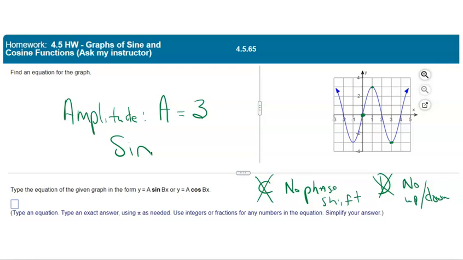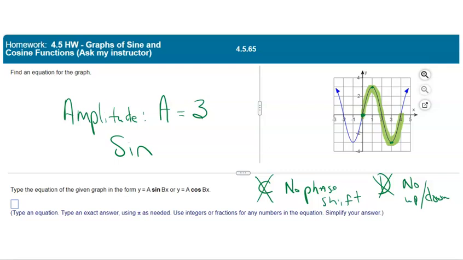Now, the hardest part is definitely the period. The period is the length in which the graph repeats itself. So if I start right here, and I do an up and a down back where I started, you have to do both, and look at that distance.